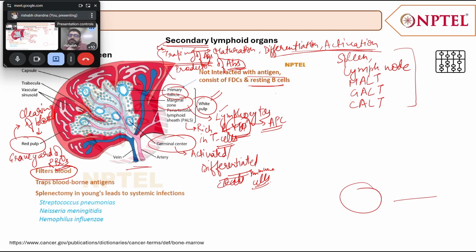So splenectomy will lead to any number of infections that can be caused by the foreign pathogens. Okay, so this is the case with the spleen.